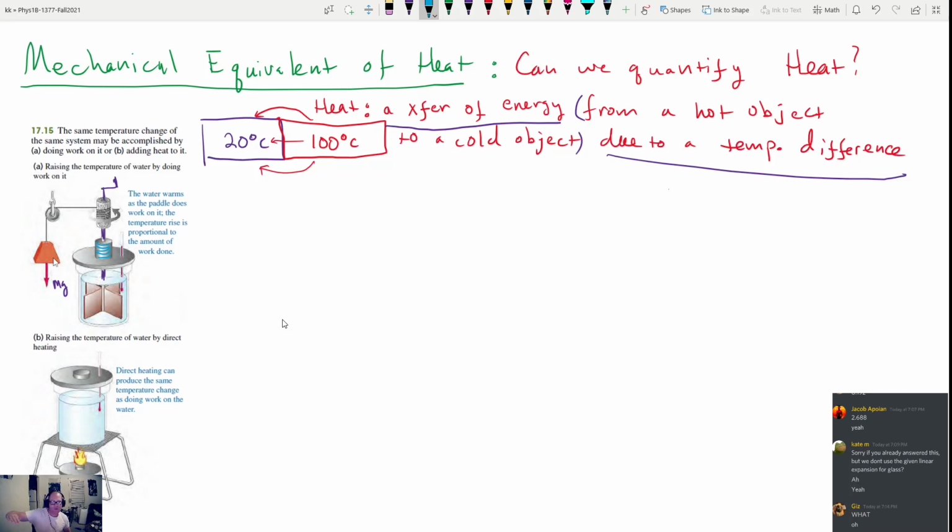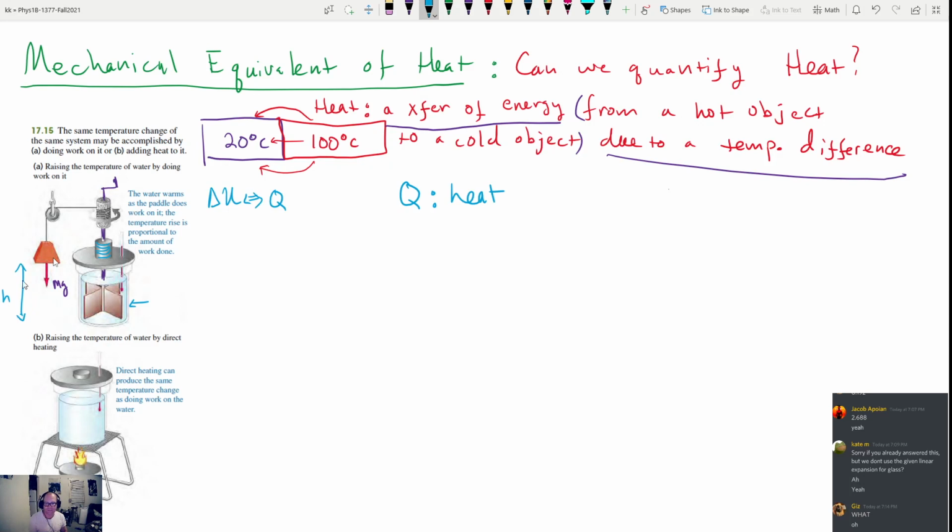And then you can equate the change in potential energy of this object as it falls down through some height, right? There's going to be some height right here, which means you can equate the change in potential energy of the object to the temperature change of the water. We use the symbol Q to represent heat.